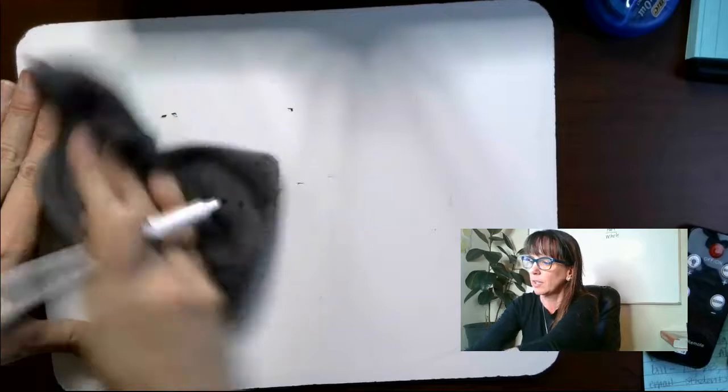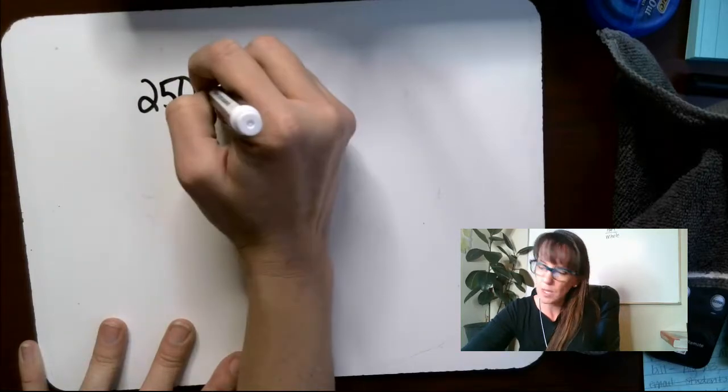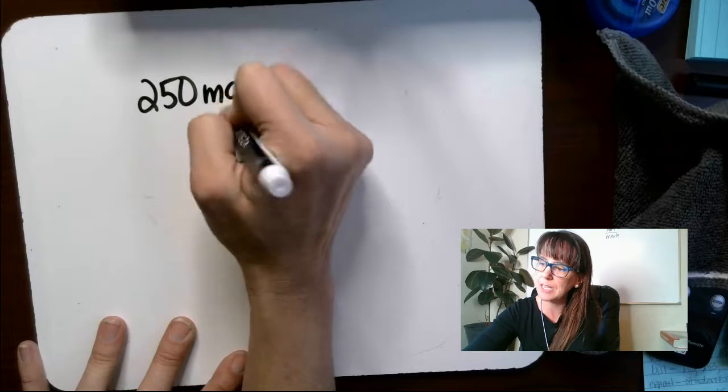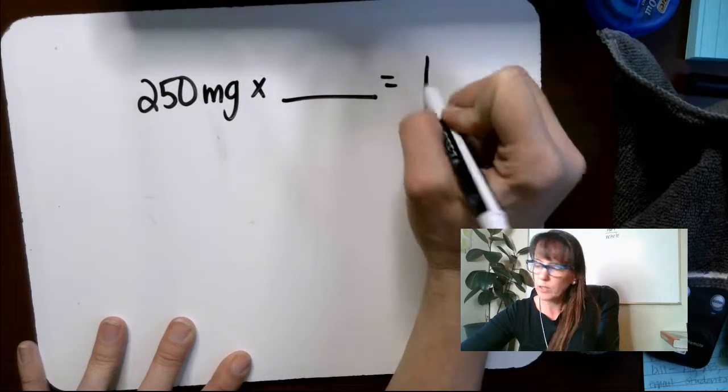So good work. Let's see about number 3. How many 250 milligram tablets of vitamin C equals 1 gram of vitamin C? So we have 250 milligrams times something will give us 1 gram.